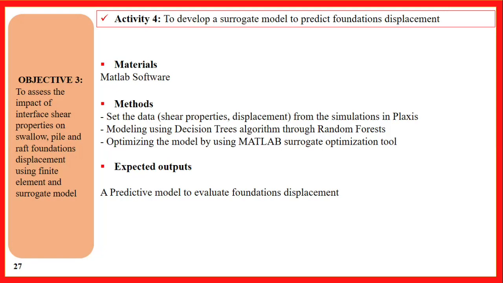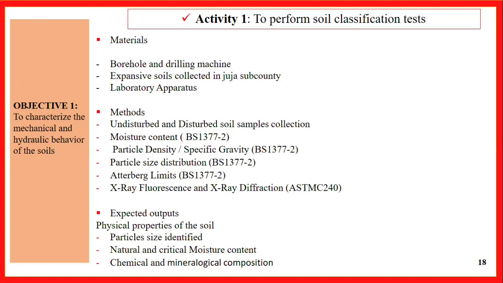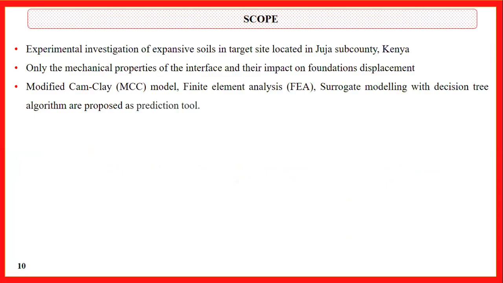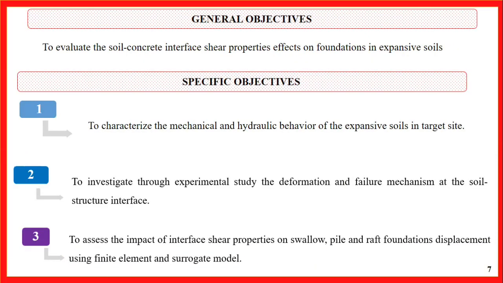Okay, let's move to the scope. I think I jumped. I should have continued sequentially. Let's go to objectives first, because it's good you know these. After the problem statement, people are interested at this stage.